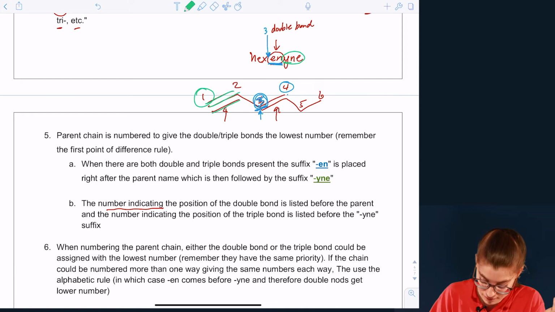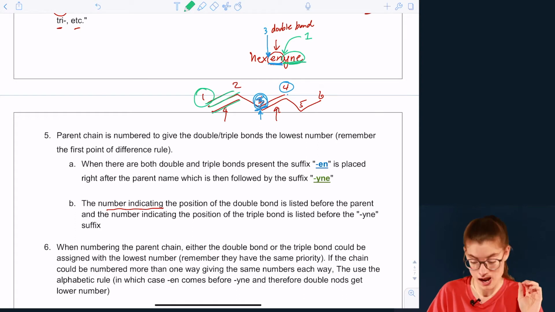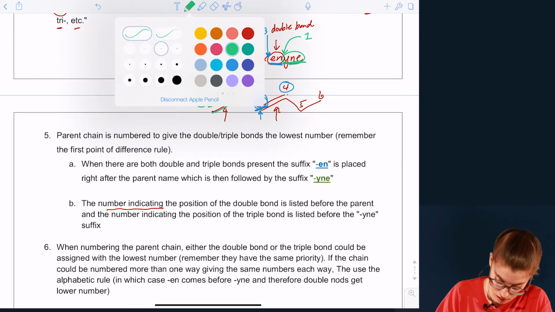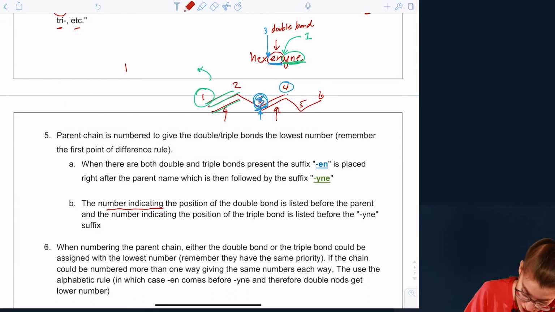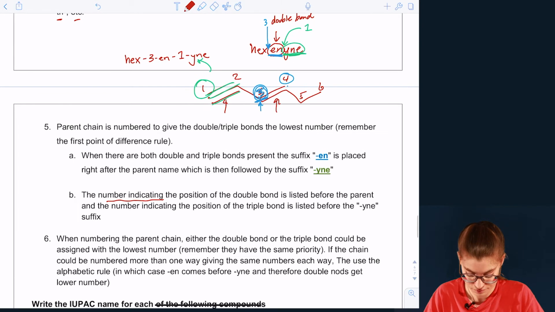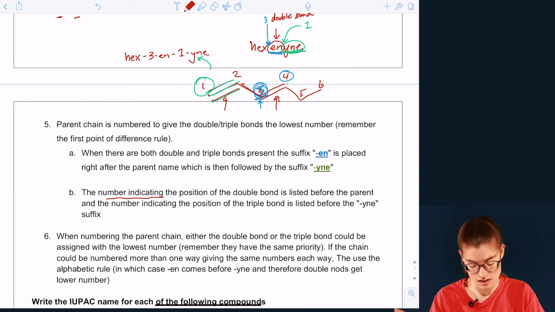And so again, we have to tell the position usually right in front of the suffix that describes it. So if I was to name this compound, it would be named hex-3-en-1-yne, and that's it. Of course, we can also indicate cis or trans, but we will talk about that in a later video.